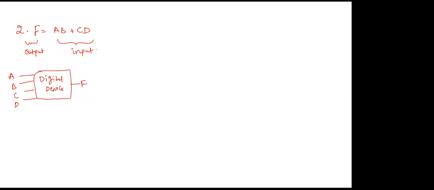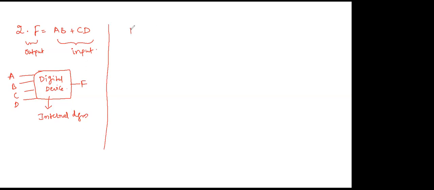Digital device inputs are given. Now draw the internal diagram. The internal diagram should contain two input AND gates, two input OR gates, and NOT gate only.